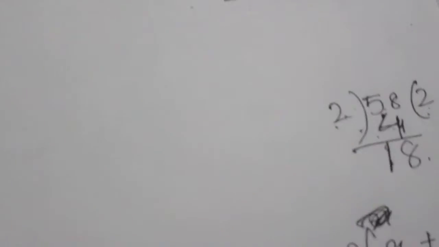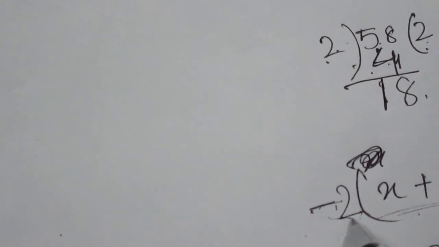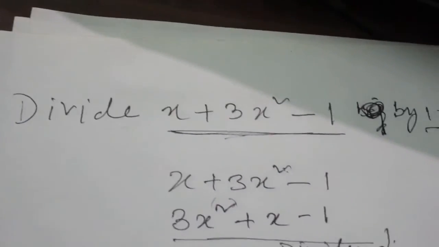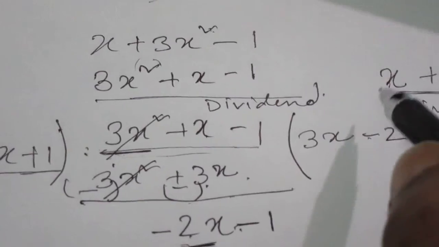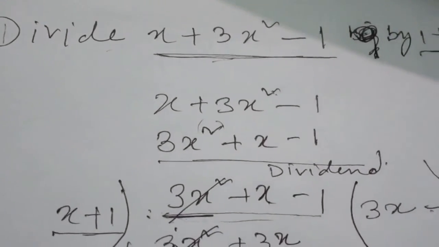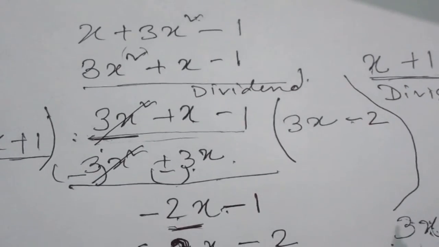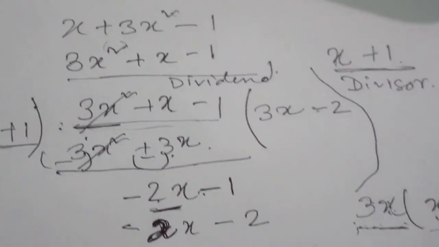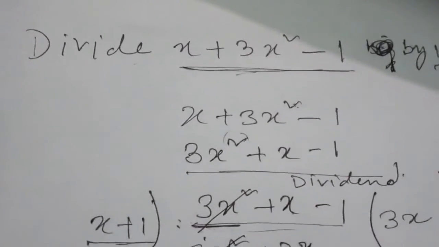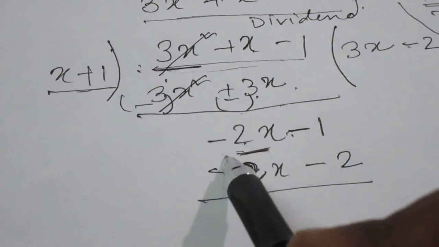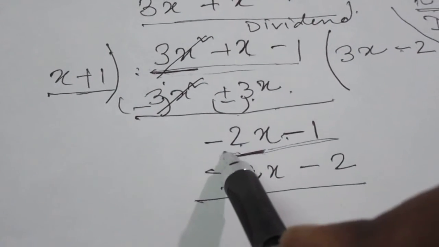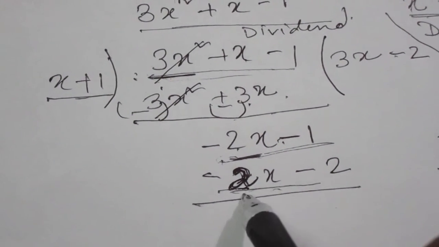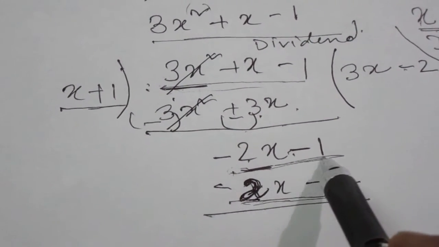So now again we have to subtract this expression, minus twice x minus 2, from minus twice x minus 1.